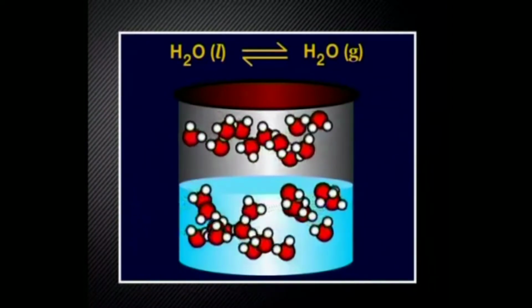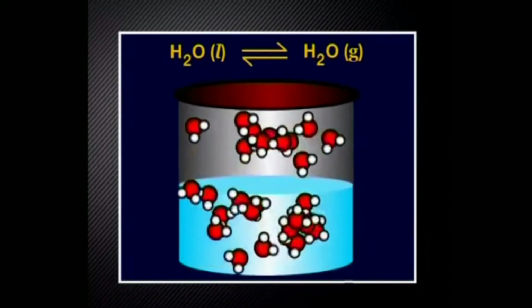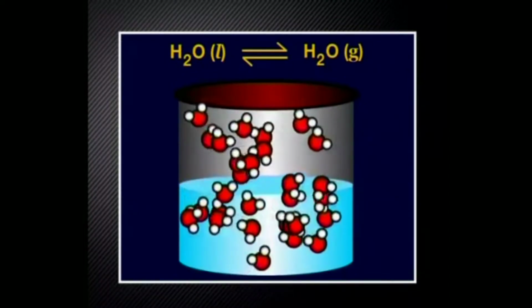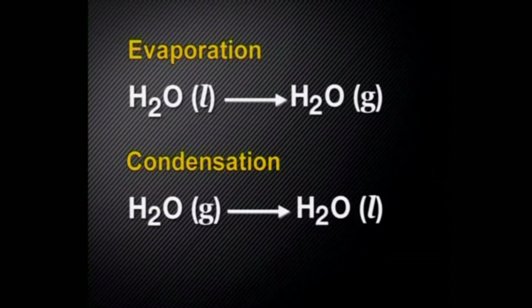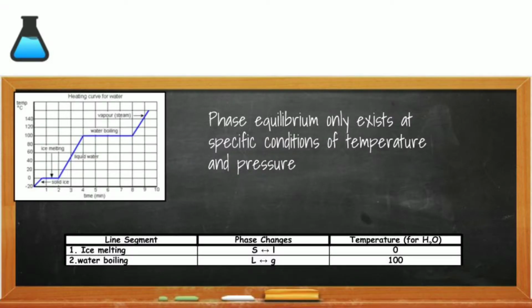So we have two processes happening at equal rates. So we have both the evaporation of water and the condensation of water, and we can write this with a double-headed arrow. It is very important to note that phase equilibrium only occurs at specific temperatures and pressures.